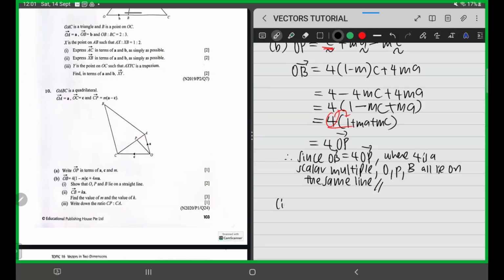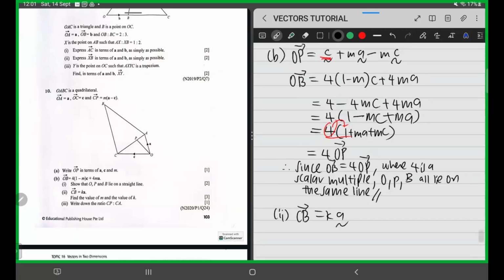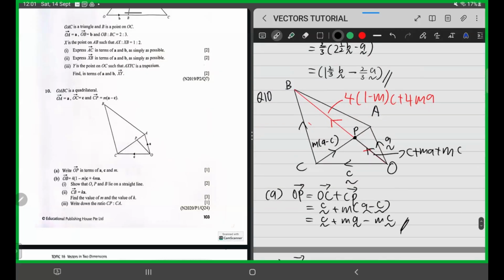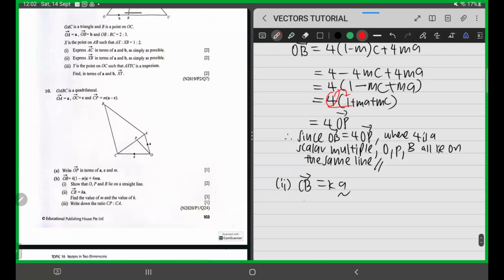Then II. They say CB equals to KA. So C to B here is KA. So it's just A, but multiplied with a scalar. And then since this is A and this is A, that means CB is parallel to OA. So from here you can tell that CB is parallel to OA as CB equals to K OA.